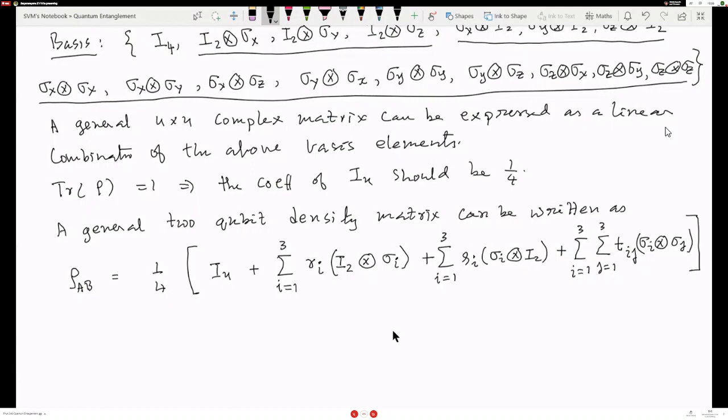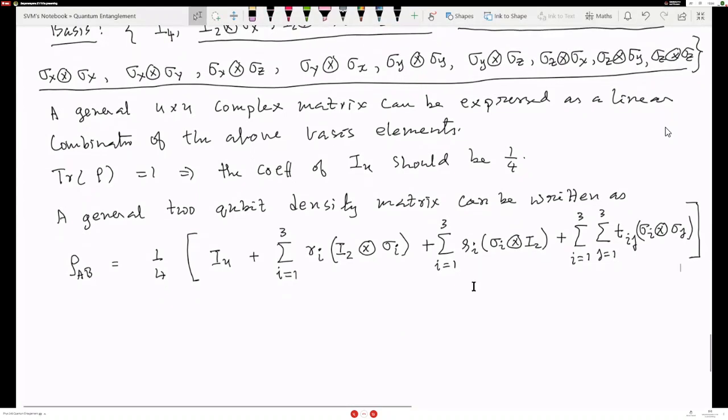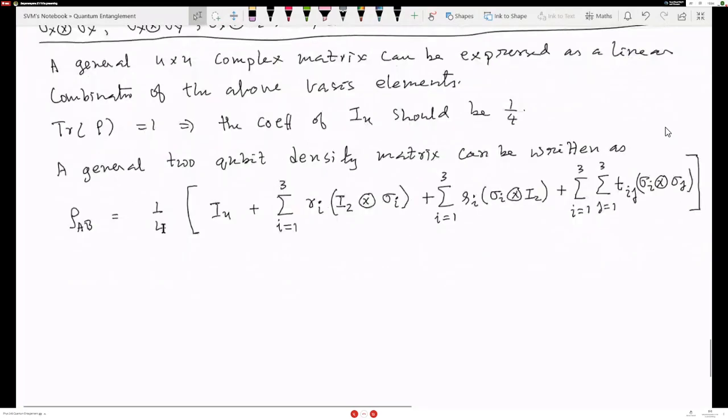Okay. So now remember, this is a bit more complicated than what we had earlier. And you can see that this particular matrix is the most general matrix of a 2-qubit mixed state.